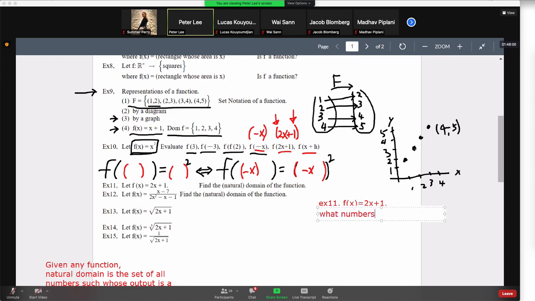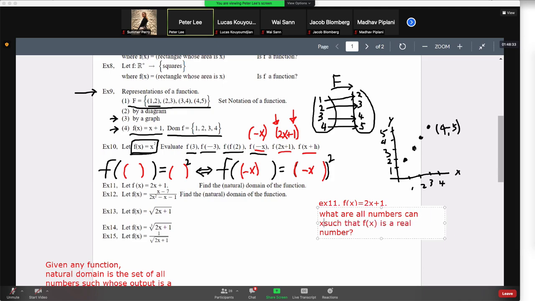What numbers can x be such that f of x is a real number? What are all numbers x?